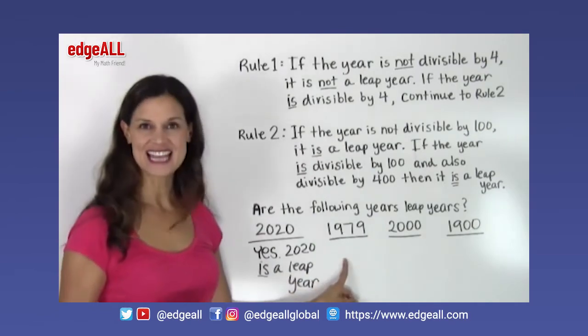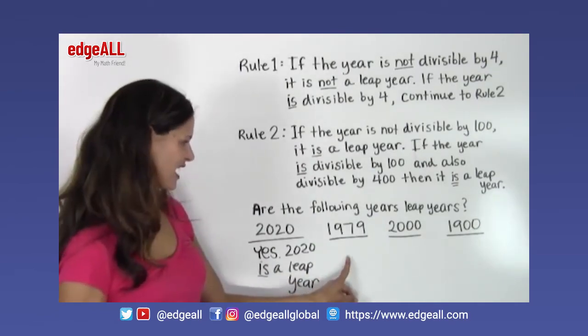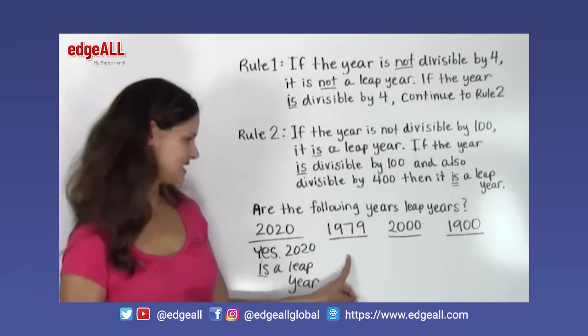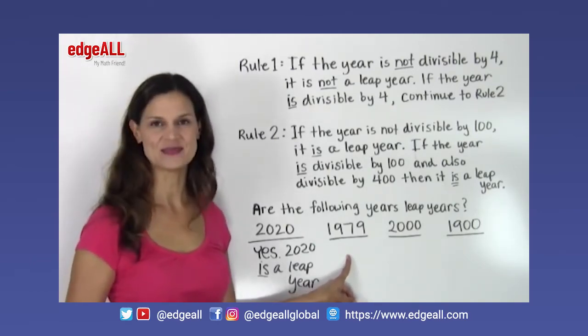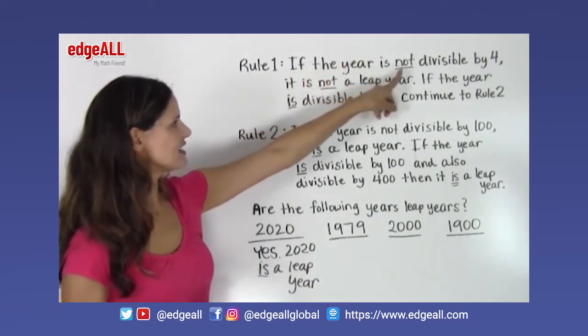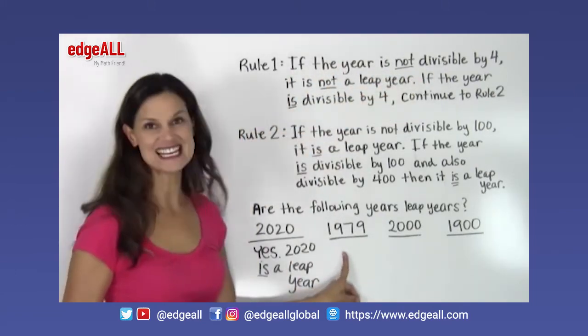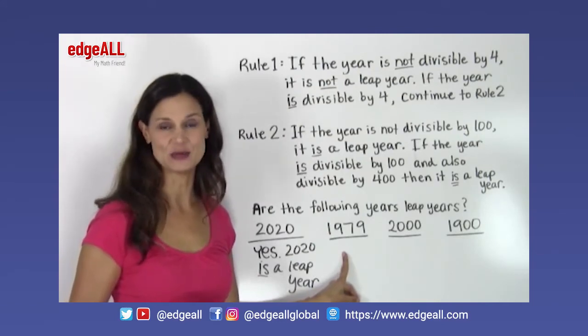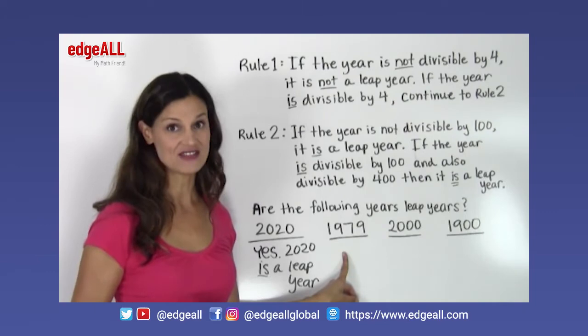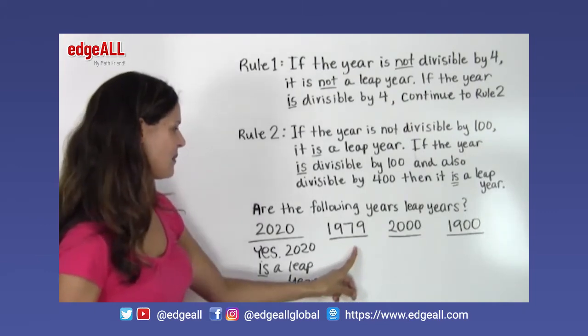So we'll move on to 1979, trying to look back in time and seeing, was 1979 a leap year or not? So I'll start out with my first rule. If the year is not divisible by 4, and 1979 is not divisible by 4, I will not get a whole number answer if I divide 1979 by 4.